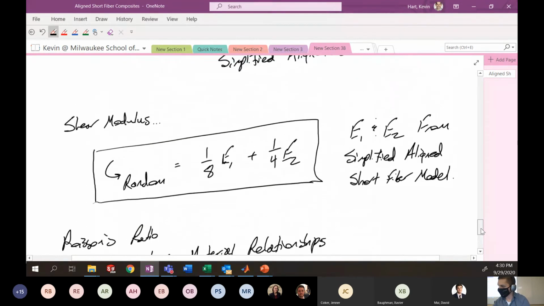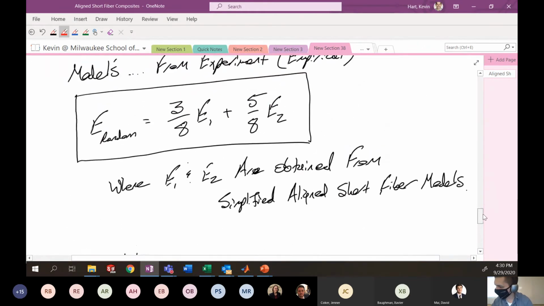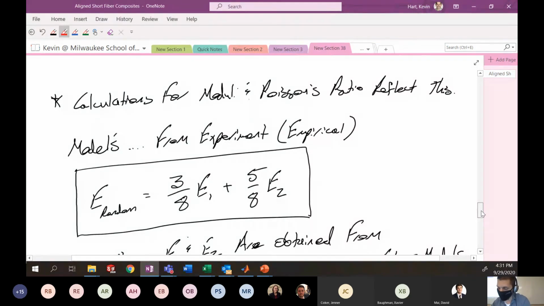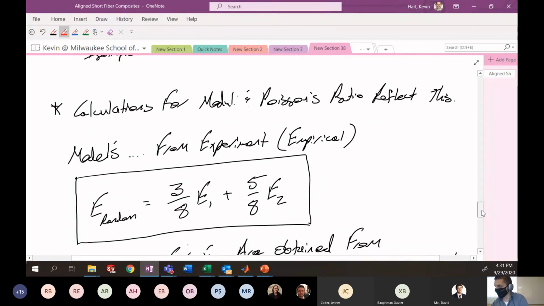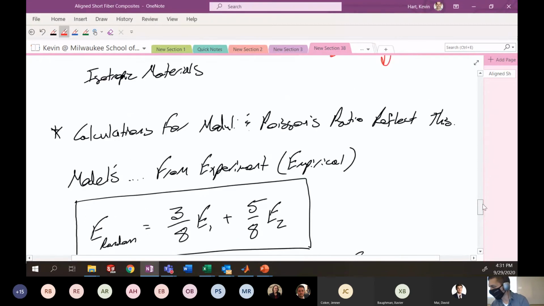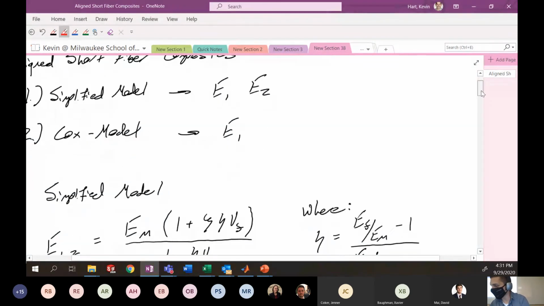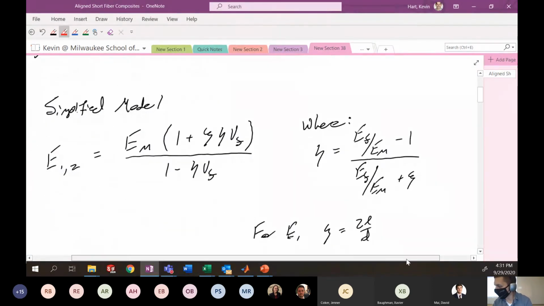Very important that you realize here that E1 and E2 in these equations are not, let's say, the modulus of the fiber in the 1 and the 2 directions. This is the modulus of elasticity in the 1 direction and the 2 direction using the simplified model that we talked about in previous lectures, and I drew way back up here.